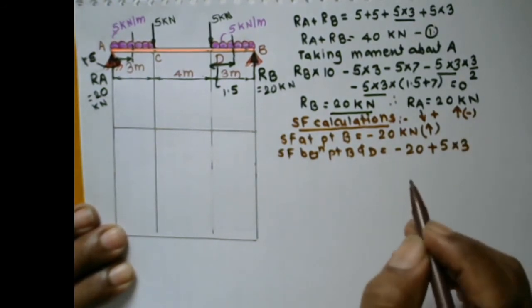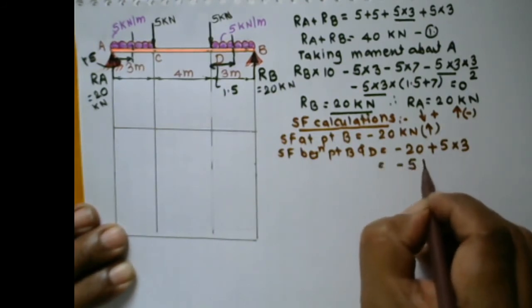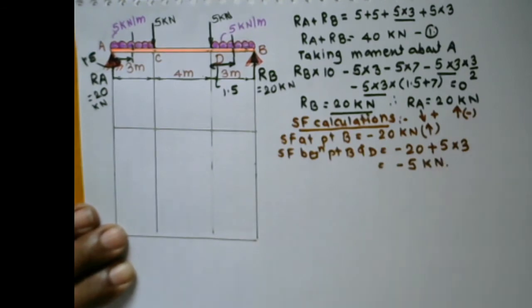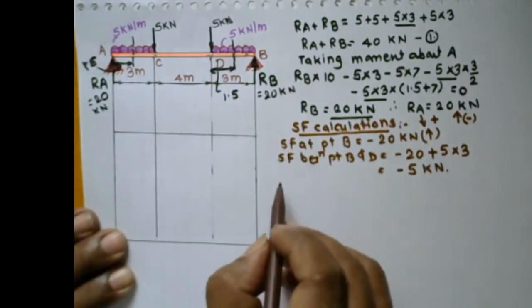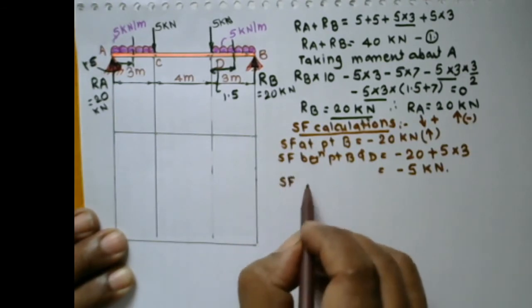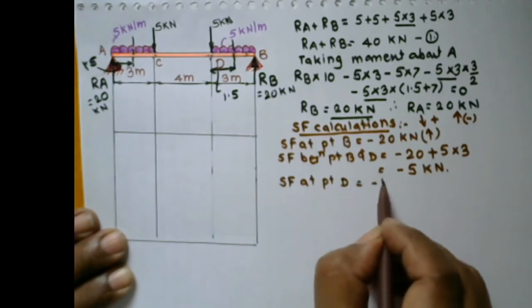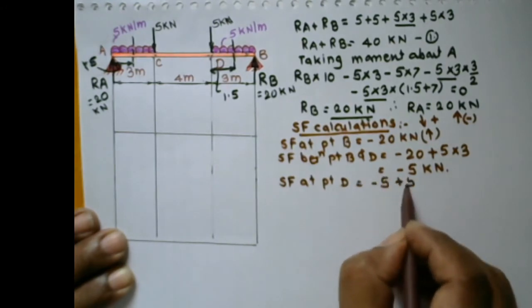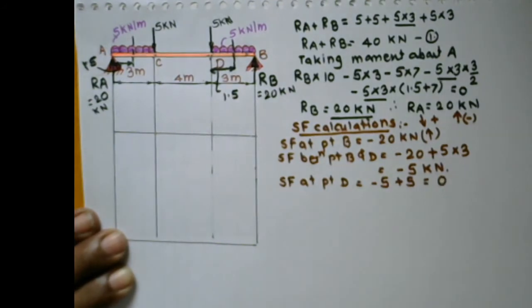So it becomes minus 5 kilonewton. Now at point D, 5 kilonewton load is acting in the downward side. So shear force at point D is equal to minus 5 plus 5, which is equal to 0.